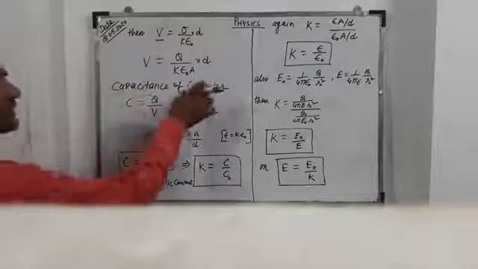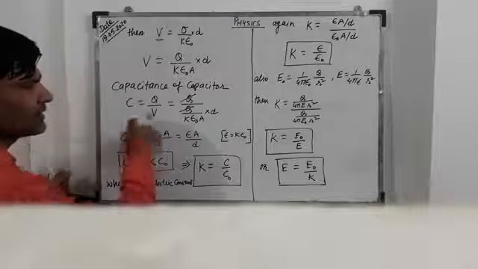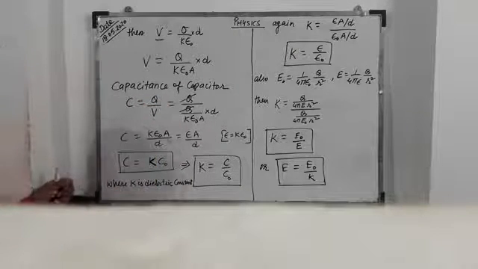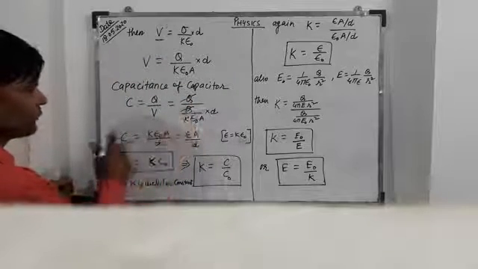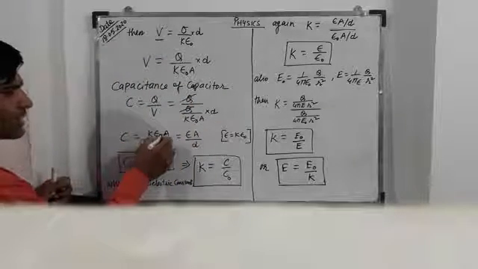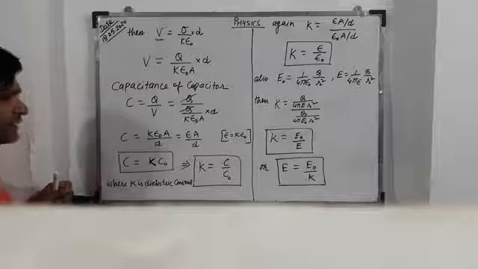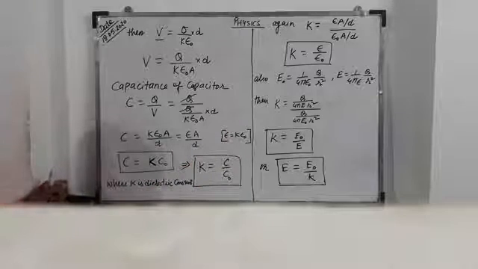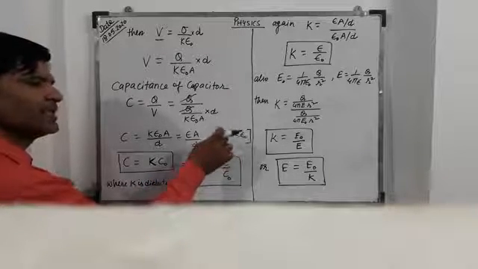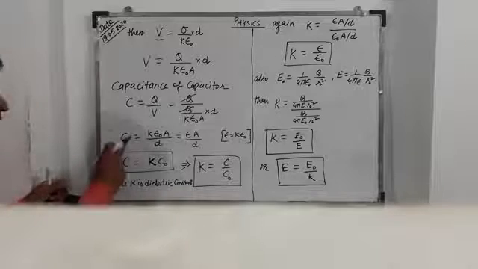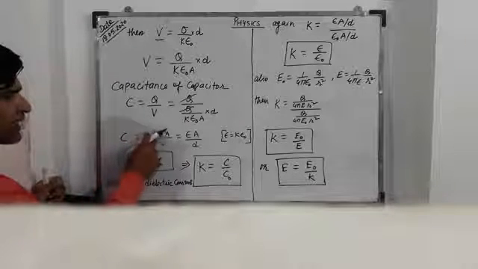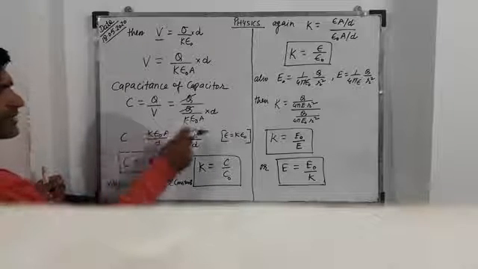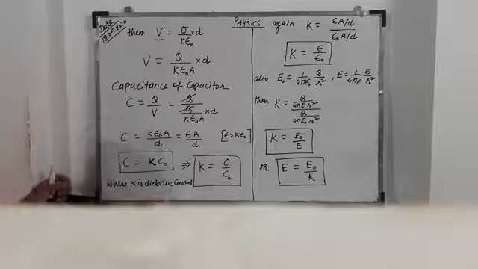Now the capacitance of the capacitor in this case is C is equal to q upon V. Put the value of V, we get C is equal to k epsilon naught A upon d. K epsilon naught is equal to epsilon, the permittivity of the medium. So we get C is equal to k epsilon naught A upon d, or C is equal to epsilon A upon d.